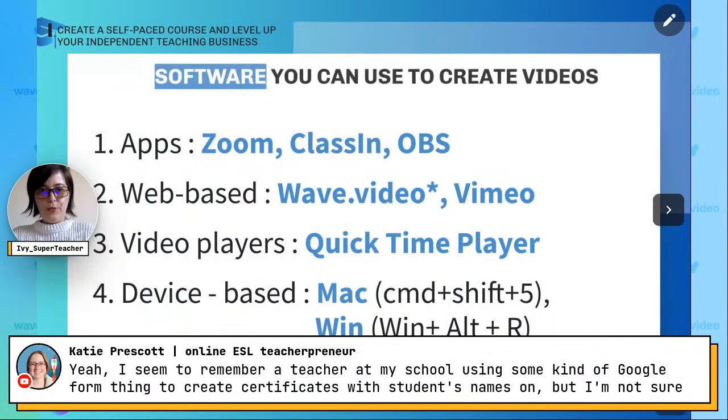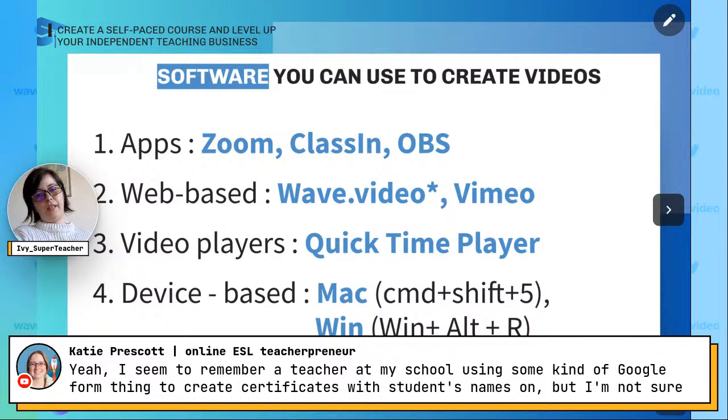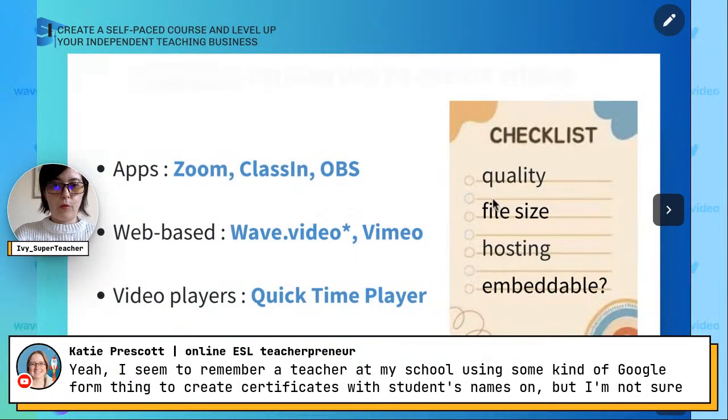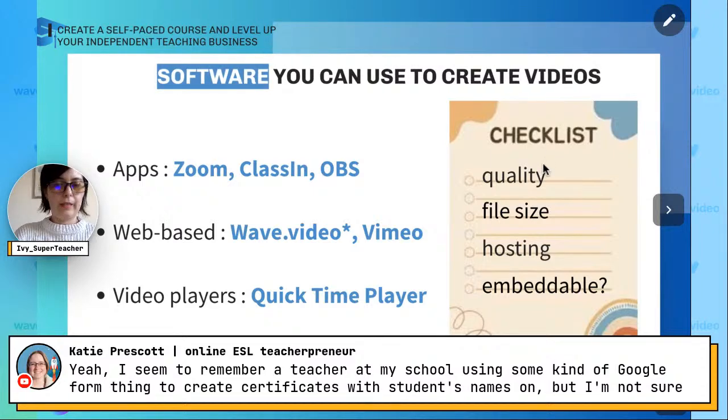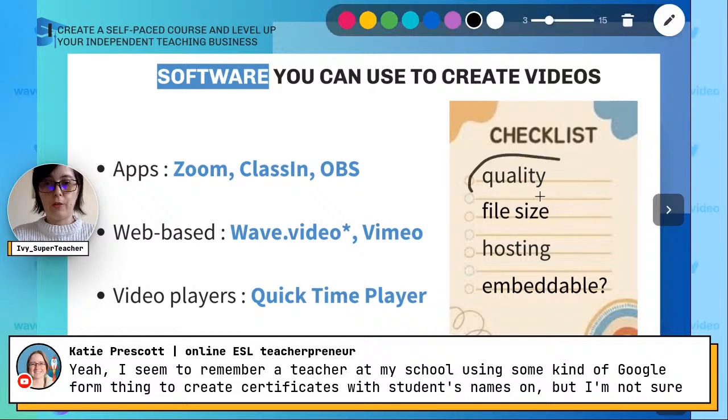Okay, on to the apps. Software you can use to create videos. There are so many options, and today's recommendations took into consideration some factors like quality. Here is a little checklist you should have in mind when making the right choice. First, think about the video quality.